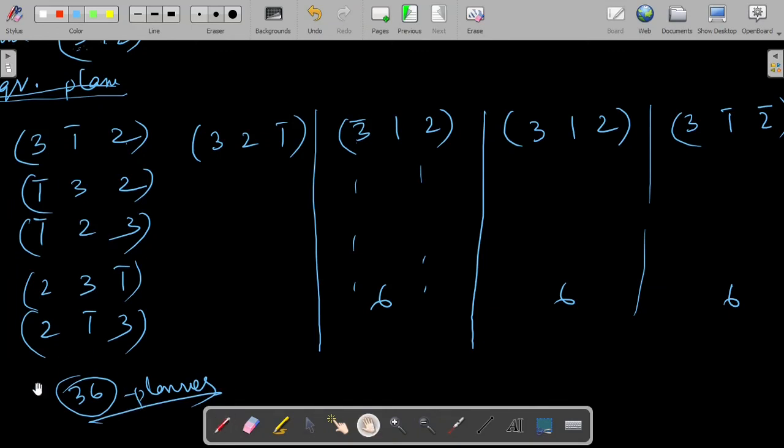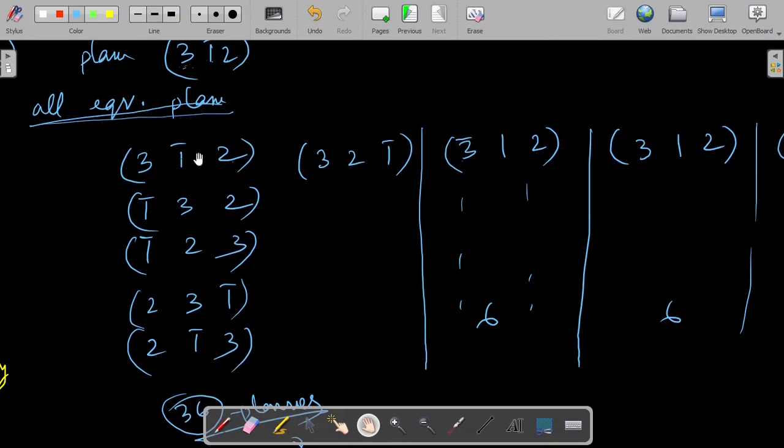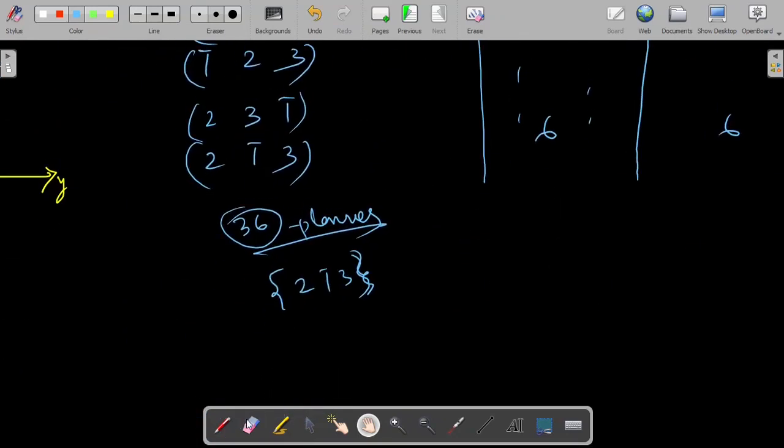And then all these 36 different planes can be represented simply by 2, 1 bar, 3, or you can take any one of these combinations and then put them in second bracket. Originally, what was it? 3, 1 bar, 2. So you can write 3, 1 bar, 2. They are all same. It doesn't matter.